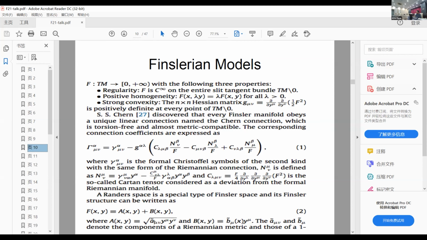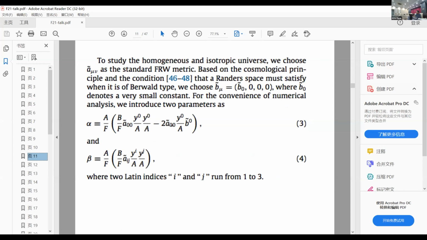So you can use it to raise and lower indices, just like we usually do in Riemann geometry. With this mathematical setting, we can simplify the form of the Randers space further, taking a very special assumption with little b having only the time component non-zero.